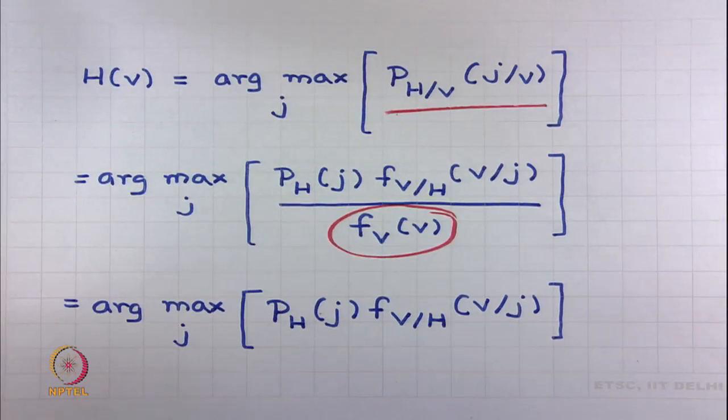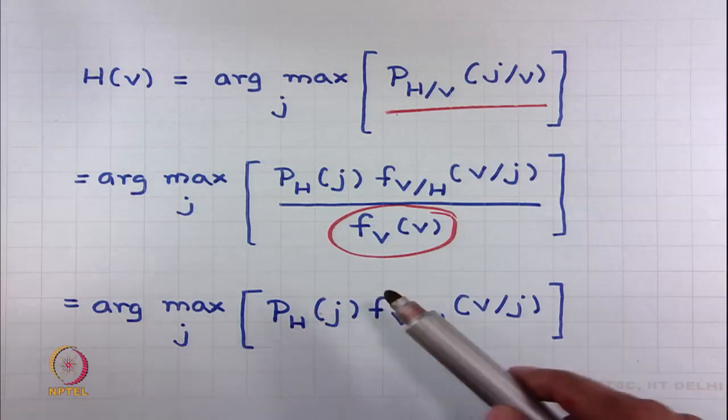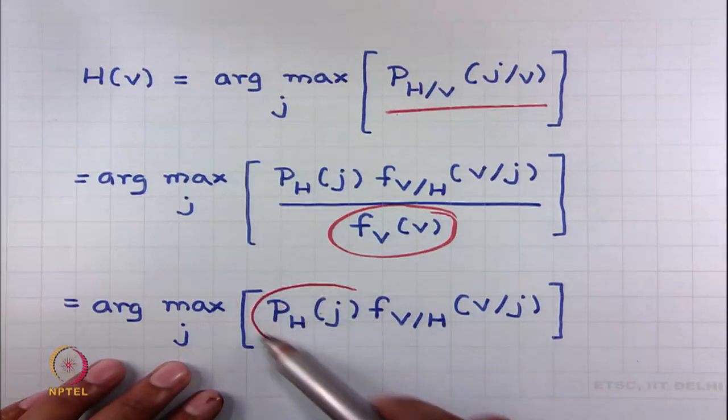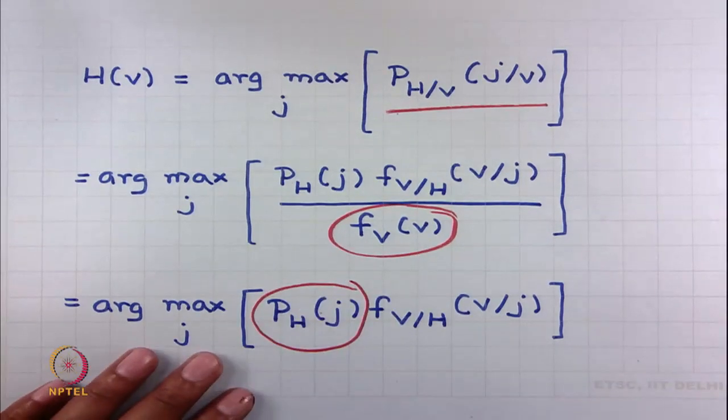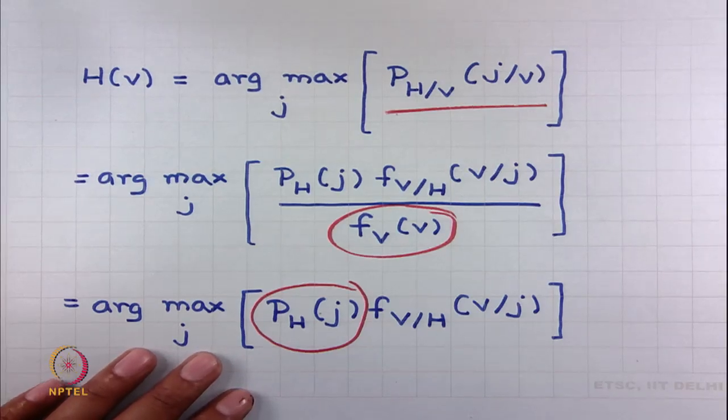Now, let us see something more. If these probabilities are equal for various hypotheses, that means all hypotheses are equally likely before an experiment has happened. That means the a priori probabilities of all hypotheses are the same.